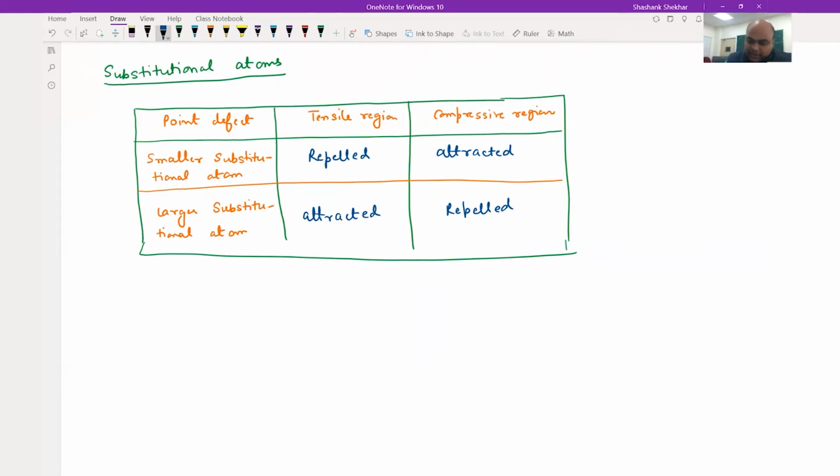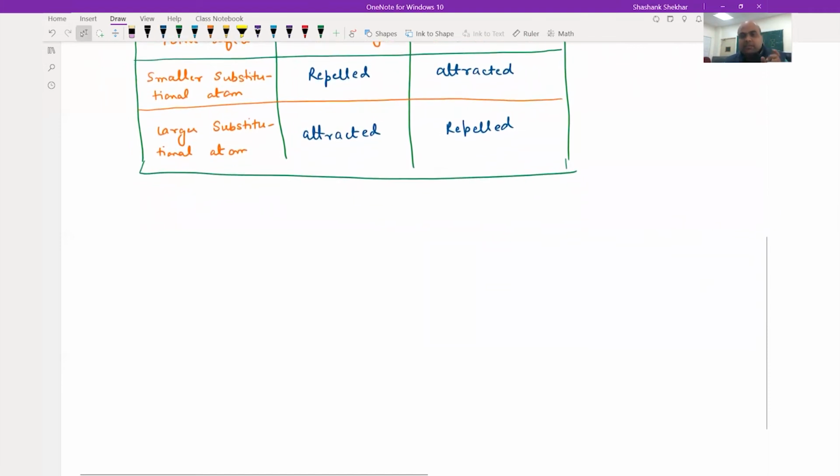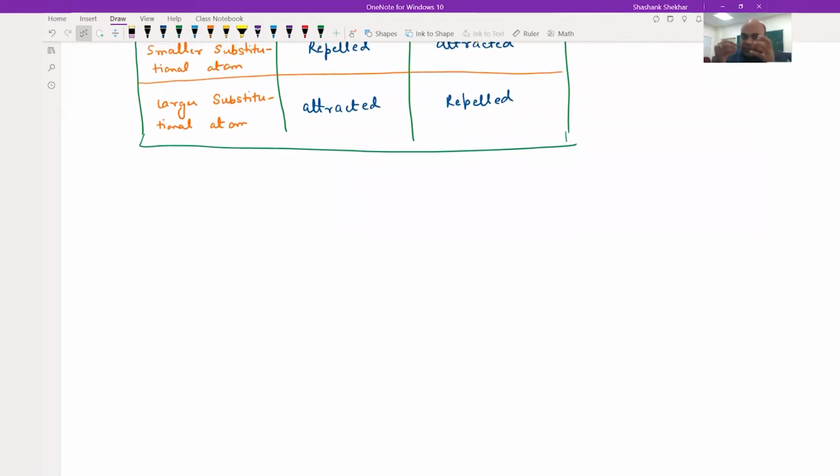Now interstitial atoms, as I mentioned, will preferably sit at the bottom of the extra half plane because they want to reduce the tensile strain in the lattice.